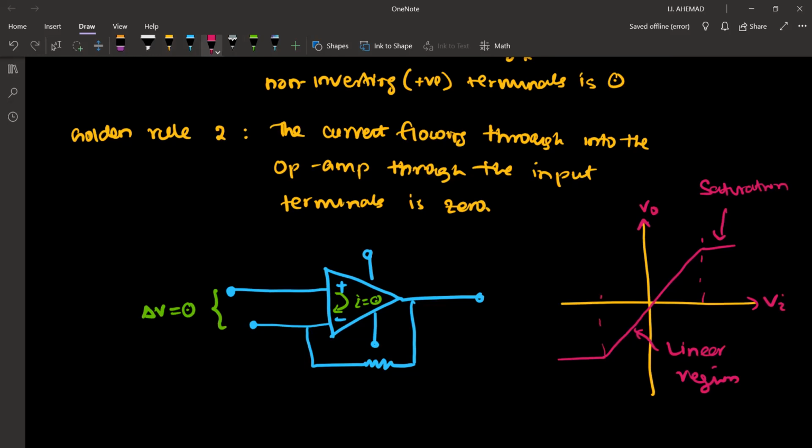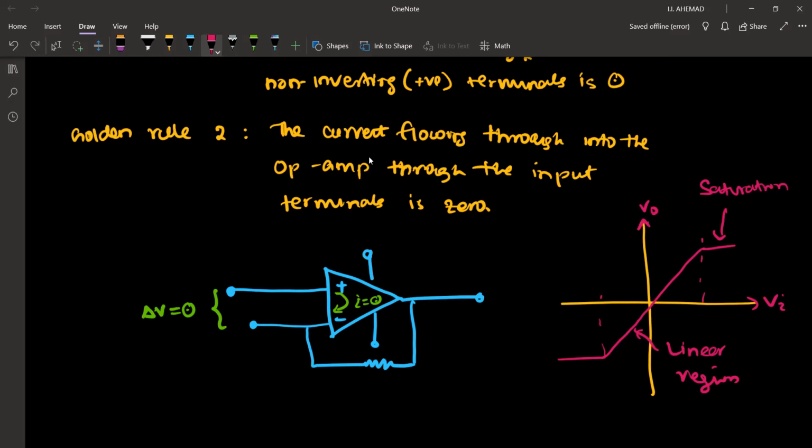So far, is it clear? Sometimes you might not have got the idea of what these golden rules are. For now, just have the idea that for the golden rules, there is no potential difference and there is no current through the terminals. Other than that, we can discuss that in detail when we do a question or an example.